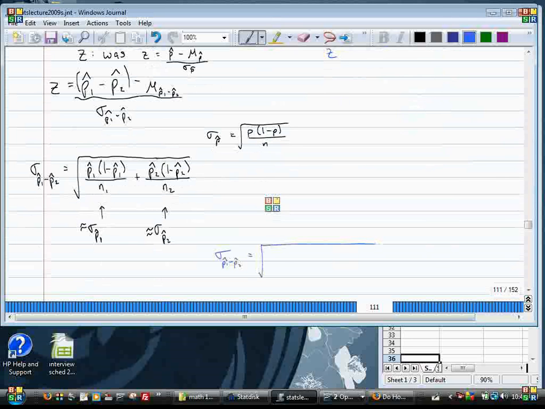P1 hat was 0.2601, then times 1 minus 0.2601, divided by n, which was n1, which is what? That was 2103. Then plus, same thing but for the second sample, 0.2202 times 1 minus 0.2202 divided by 1671.